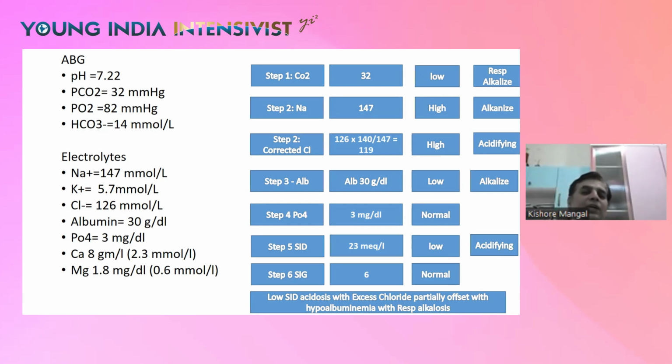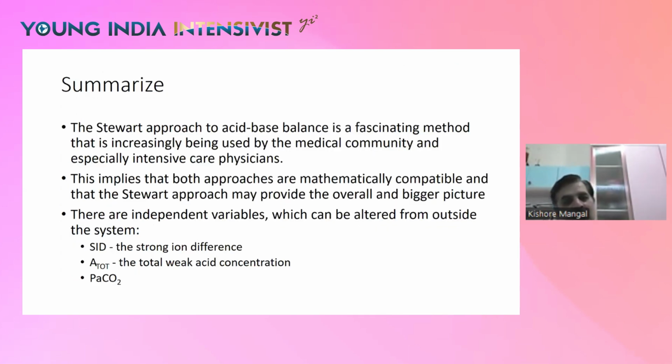Right. So this is how you can use your step-by-step approach in analyzing your bedside ABGs. So now we summarize. The Stewart's approach to acid-base balance is a fascinating method that is increasingly being used, especially because we now have apps very readily available.